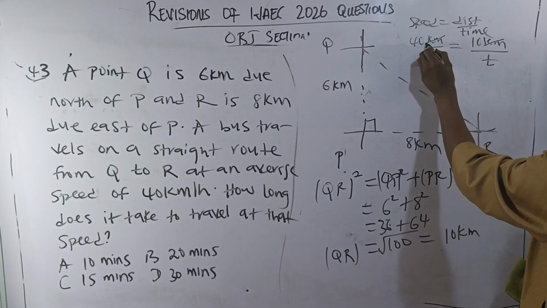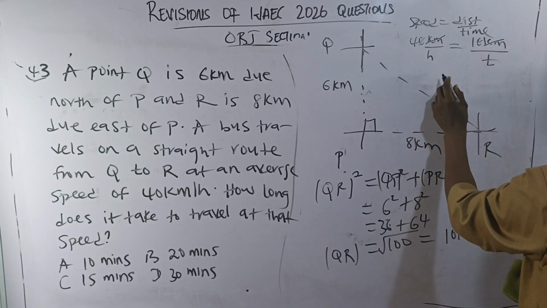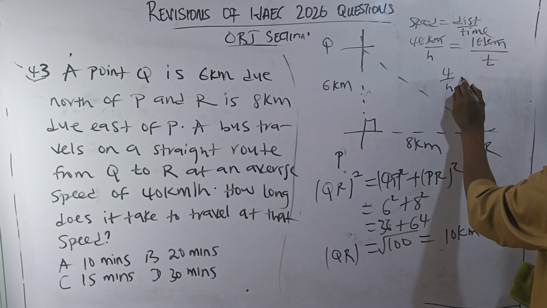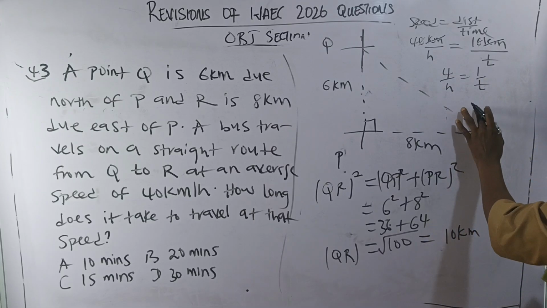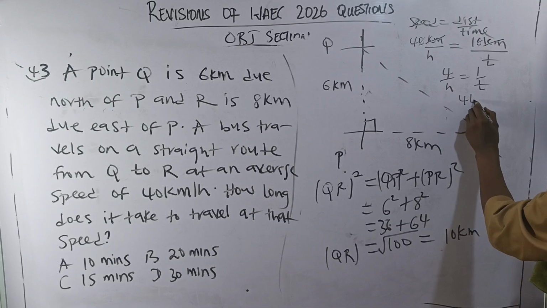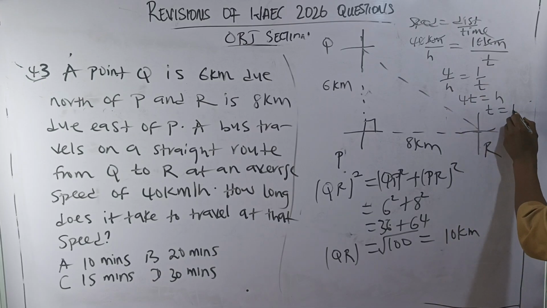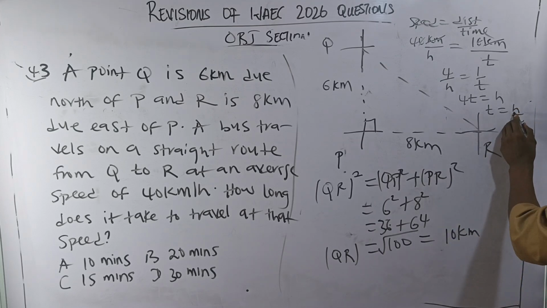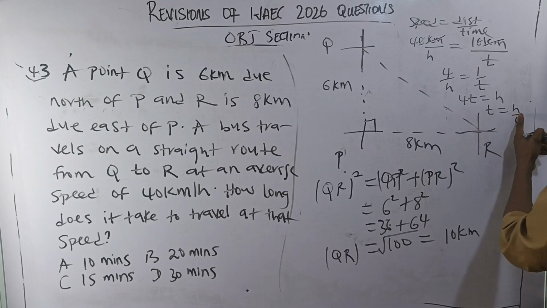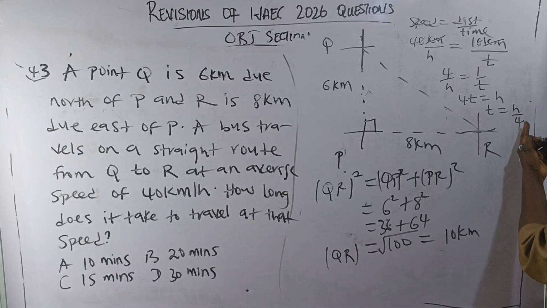Kilometer can cancel kilometer, and 0 can cancel 0, and I have 4 over h equal to 1 over t. I'm looking for time. So 40 equals h, h times 1 is h. So t will be equal to h over 4, which is indirectly 1/4 of an hour.